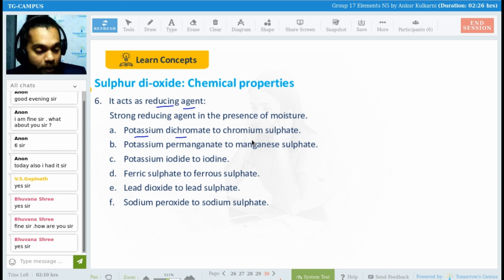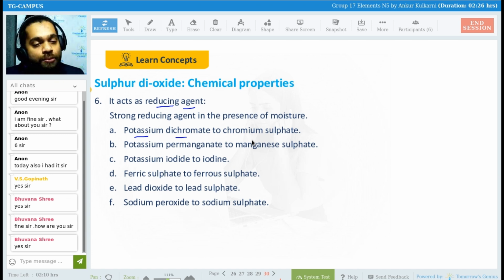No one knows? Come on. K2CrO7, is it? Check in your book. Sarjana, Ragul, Gopinath, Kirtini, what is potassium dichromate?